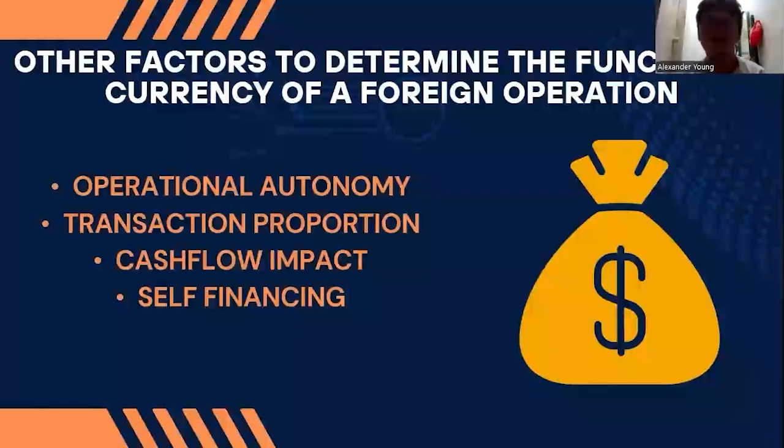Let's say in Japan, 90% of their operation is selling goods to people in Japan, not just receiving and selling goods from the home office. Third one is the cash flow impact. If they can manage their cash flow, they don't really ask for cash from the home office. They can manage, retain, and save cash from their operation.